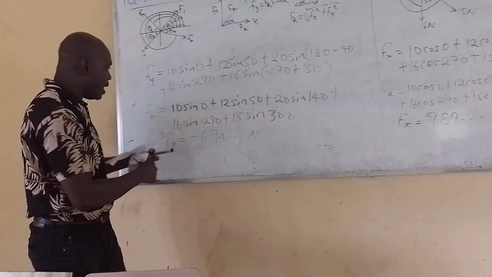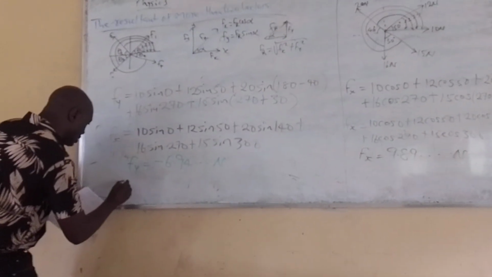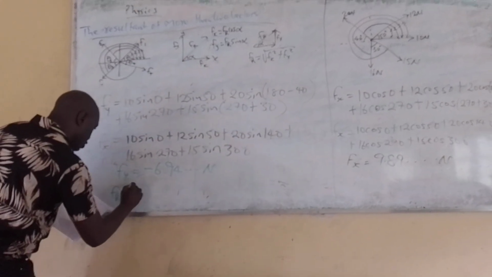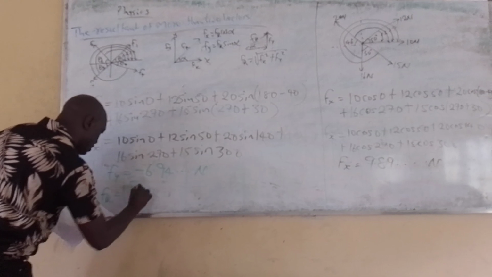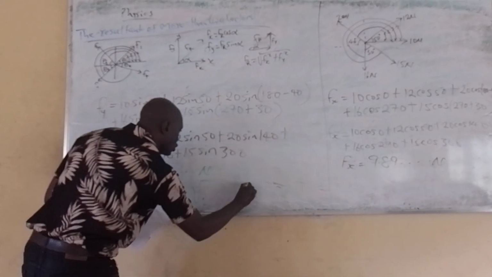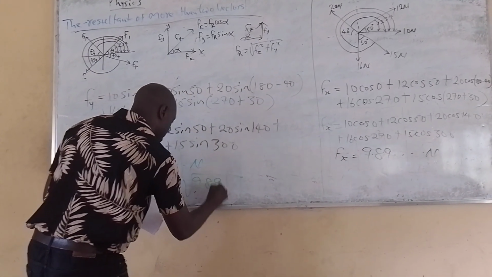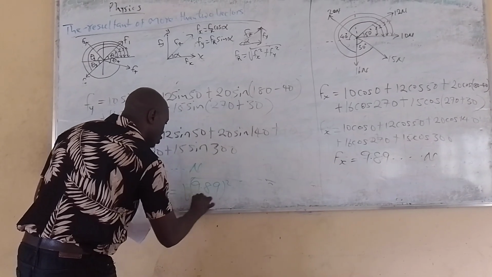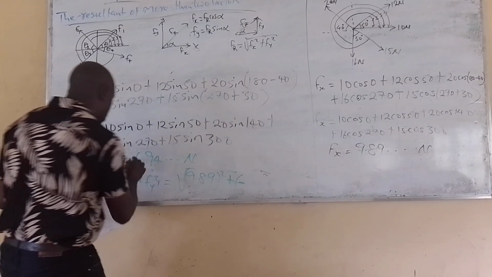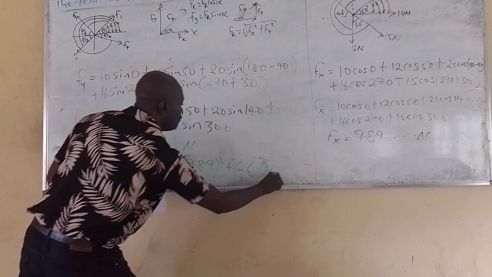Alright, but now if you want to go by that one, you can still check something like this. For instance, f of r, which I gave you here, is the square root of f of s squared plus f of y squared. So the square root of 9.89 something something squared, plus minus 6.94 all squared.